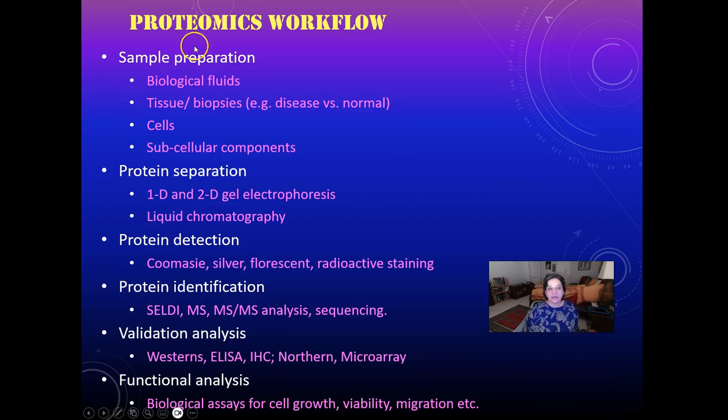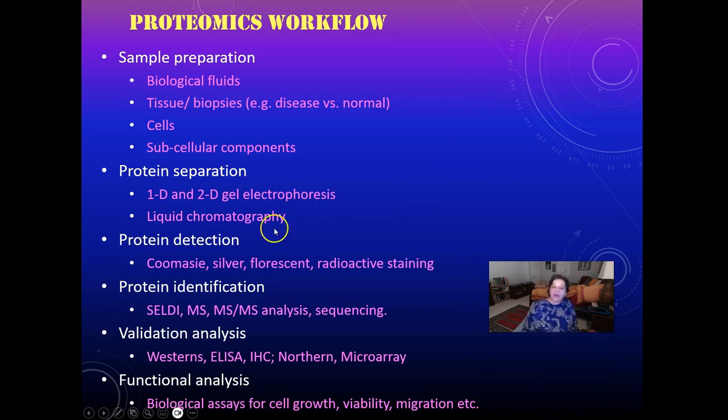So you can prepare samples from fluids, from biopsies, from cells, from subcellular components. You can separate those proteins once they are extracted through 1D or 2D gel electrophoresis or liquid chromatography. All of these methods are going to separate them by size typically or by pH.